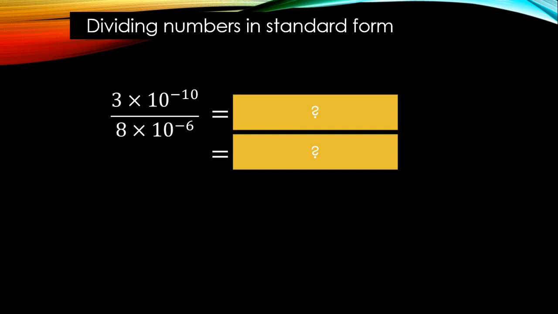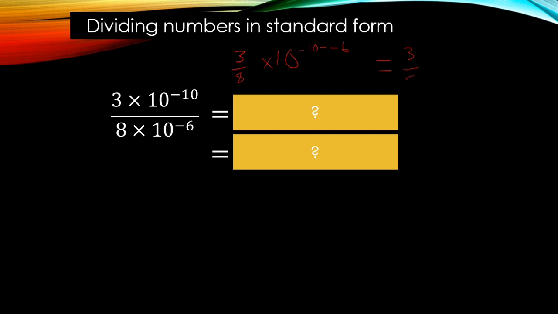Let's try another one. 3 times 10 to the power minus 10 divided by 8 times 10 to the power minus 6. Here it is the same as 3 over 8 times 10 to the power minus 10 minus 6, because we're saying that 10 to the power minus 10 divided by 10 to the power minus 6 is the same as 10 to the power minus 10 minus 6.